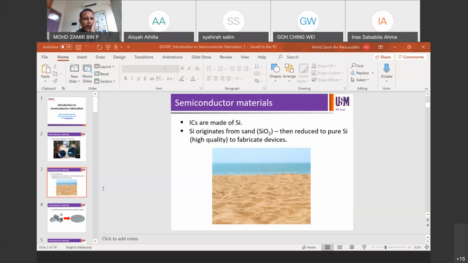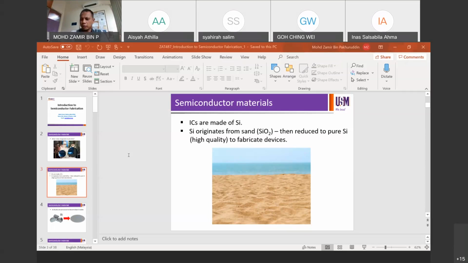9N, eh? So what does it mean by 9N? 99 point? 1, 2, 3, 4, 5, 6, 7. Okay? So 99.7 more of 9s. So for it to be used as a transistor or integrated circuit, it has to have a purity level of 9N.